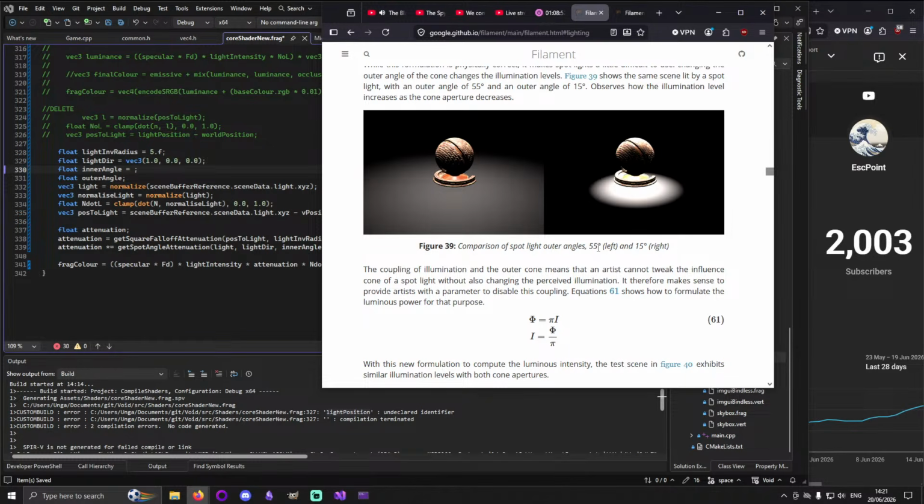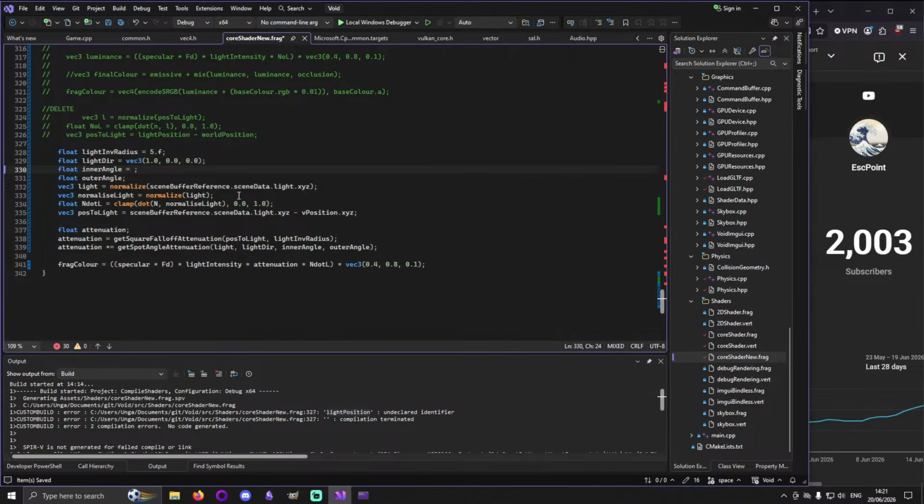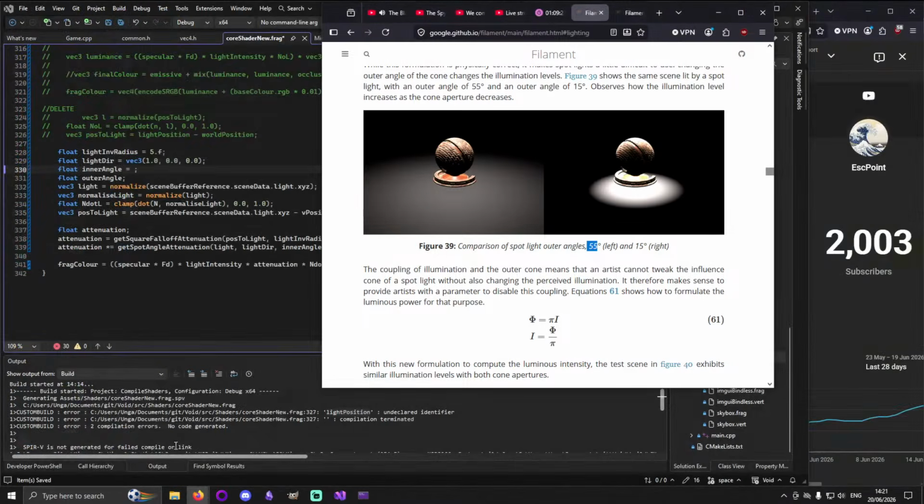So the ranges from the left are outer angle of 55. I think we've got the best shot with a 55 degree, and I need that to be, I believe, in radians. I don't know 55 degrees in radians. I do know that 45 degrees is half of 90, which is pi over 2. So I think we can go pi over 4 for outer. Is that right?